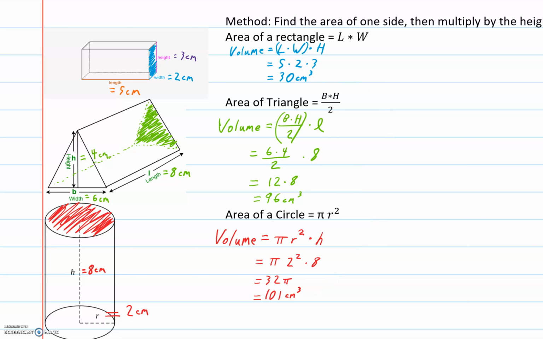So if you have, let's say, a rectangle that's attached to another smaller, flatter rectangle, that's how you're going to go about it. You just find the volume of the one shape, then you find the volume of the other shape, and then you add them together.